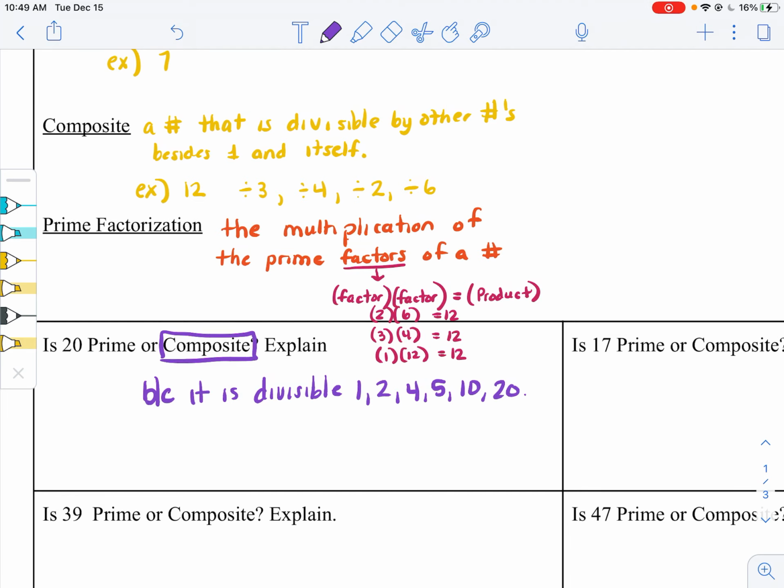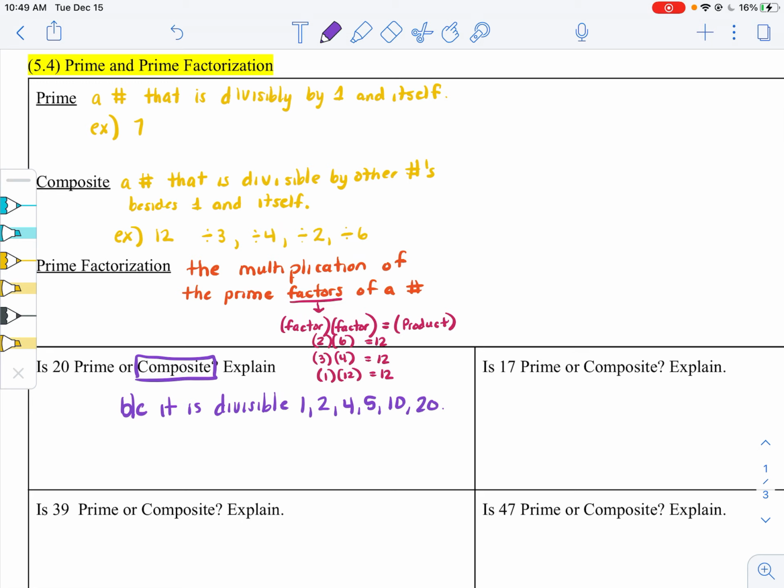And is 17 prime or composite? Well, 17 is prime because it has no other factors besides 1 and 17. Or we could say it is divisible by only 1 and 17. 1 and 17 are its only factors.